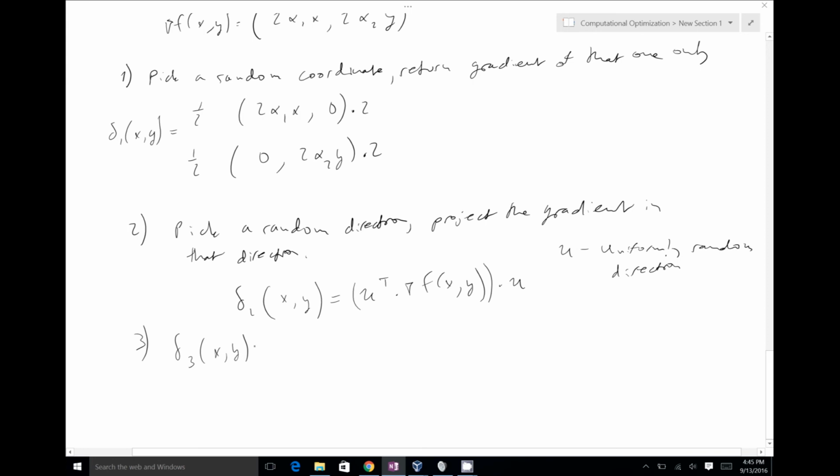It's grad f of x, y plus, let's say, nu, where nu is just a normal with mean 0, 0 and variance, let's say, 1,000, 0, 0, 1,000. Okay, so why is this one a stochastic subgradient? What's its expectation?